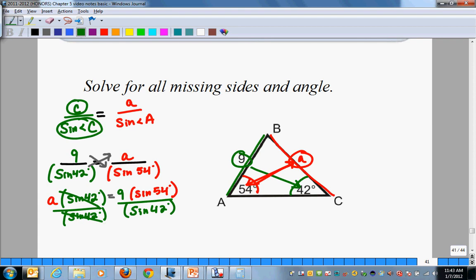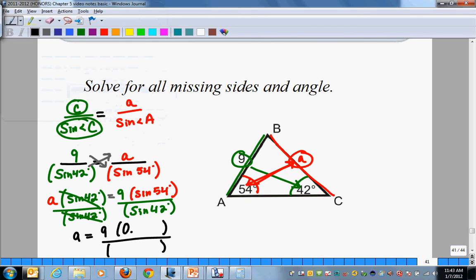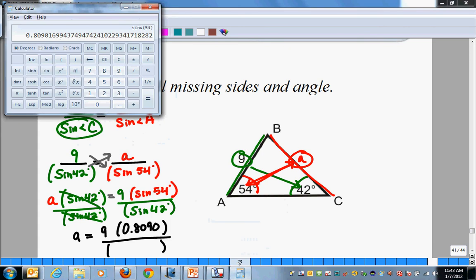So now at this point we get out our calculator. We're going to have A equals 9, and we have to find the sine of 54. So we do 54 sine. That's 0.8090. And then the sine of 42, 0.6691.